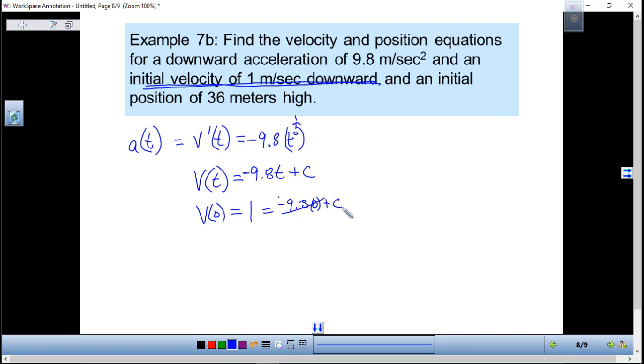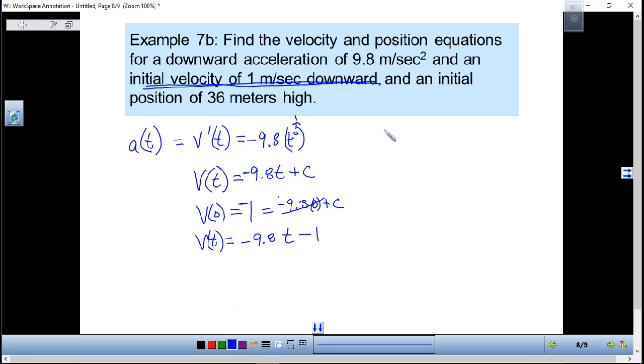It's 0. So we end up with c equals 1. So now v of t equals negative 9.8 t, and its initial velocity is downward, so that should be a negative 1. My negatives are messing me up here. Minus 1. So there is the actual velocity function for this problem.